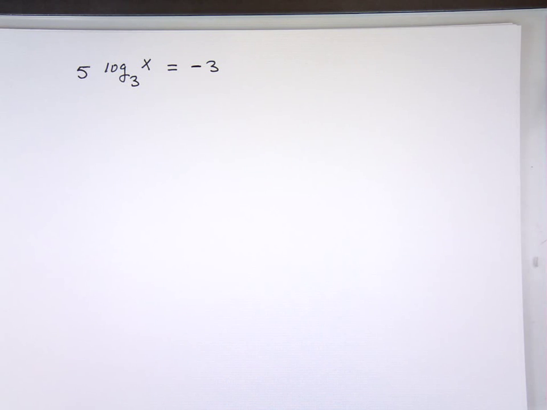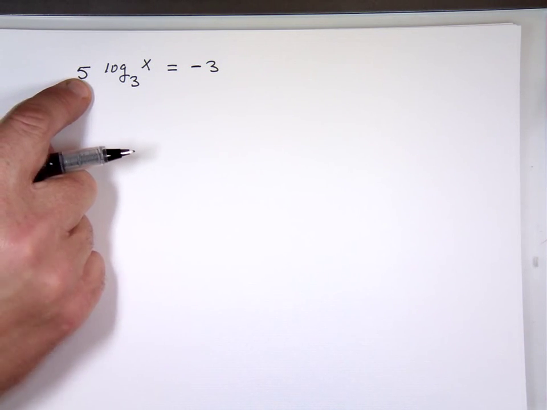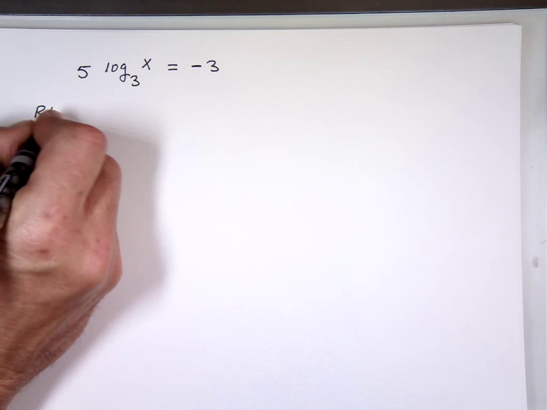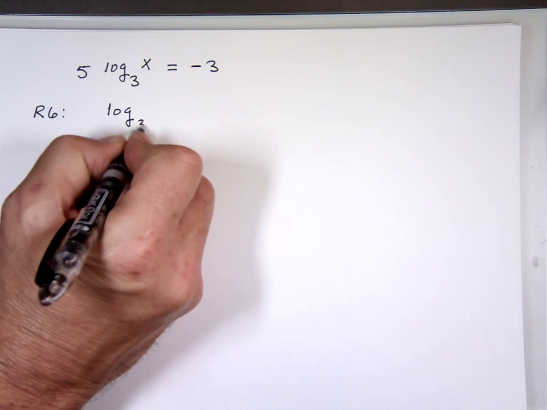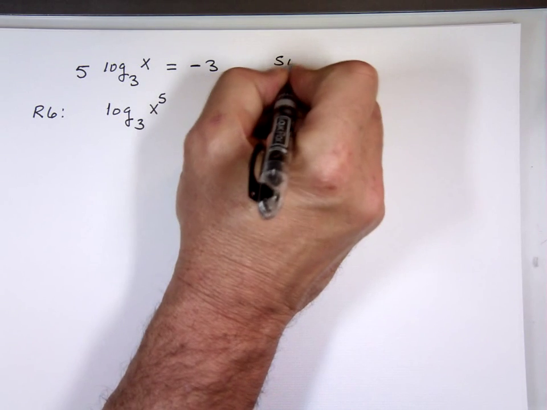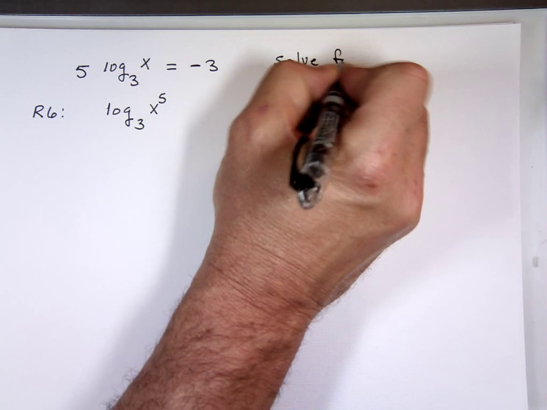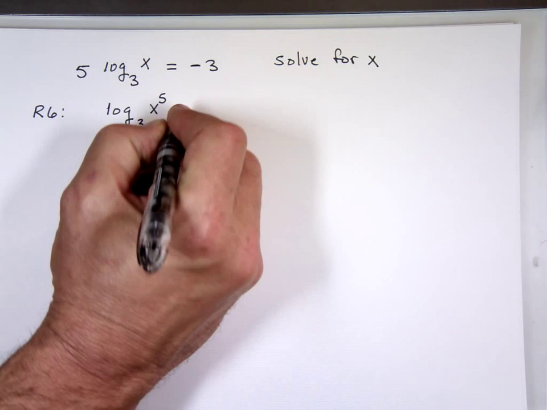We have to apply the rules that we learned. If you have a number in front, rule 6 says that number used to be the exponent. So that used to be log base 3 of x to the fifth equals negative 3.